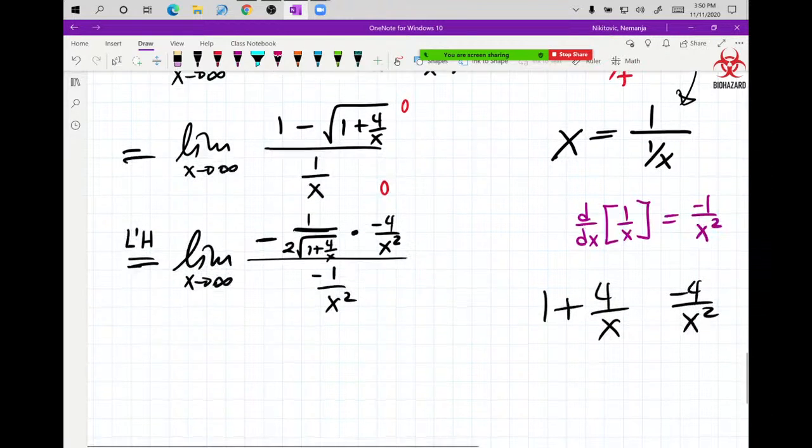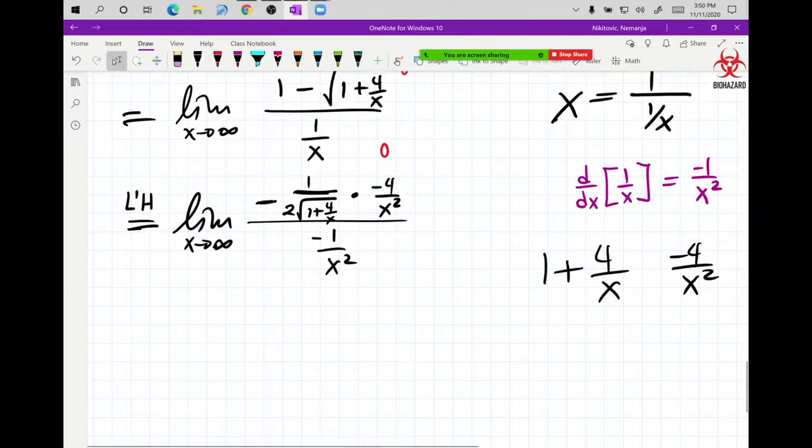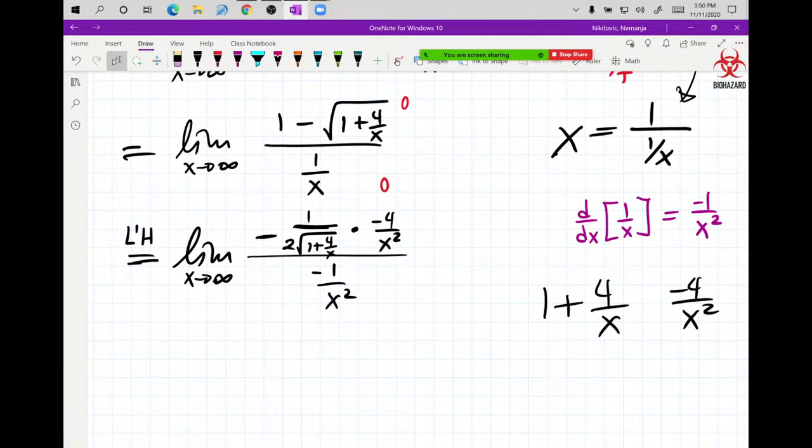And at this point, we can cancel and do a lot of stuff here. First thing is I'm going to cancel these two completely and just get a 4 on top, because when you divide -4 by -1, you get 4, and then x squared and x squared just cancel.